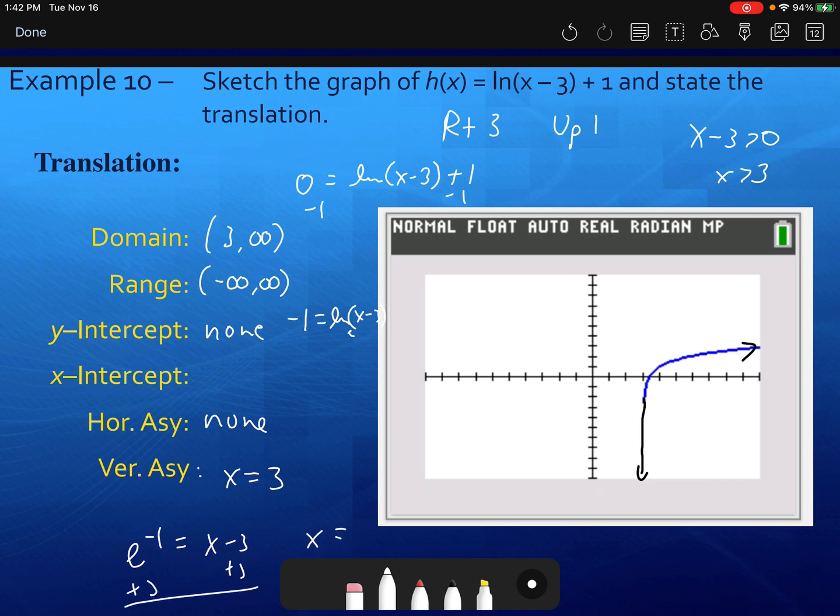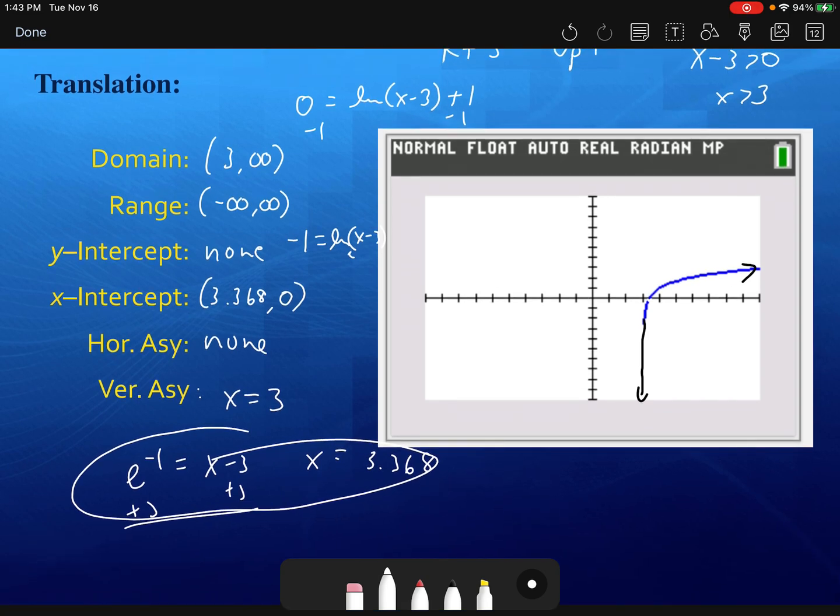That's x. So e to the -1 plus 3 is 3.368 if we round it. So 3.368, comma 0. That's this point right there. Kind of cool. But we can do a little calculating by changing it from logarithmic to exponential. Enjoy.